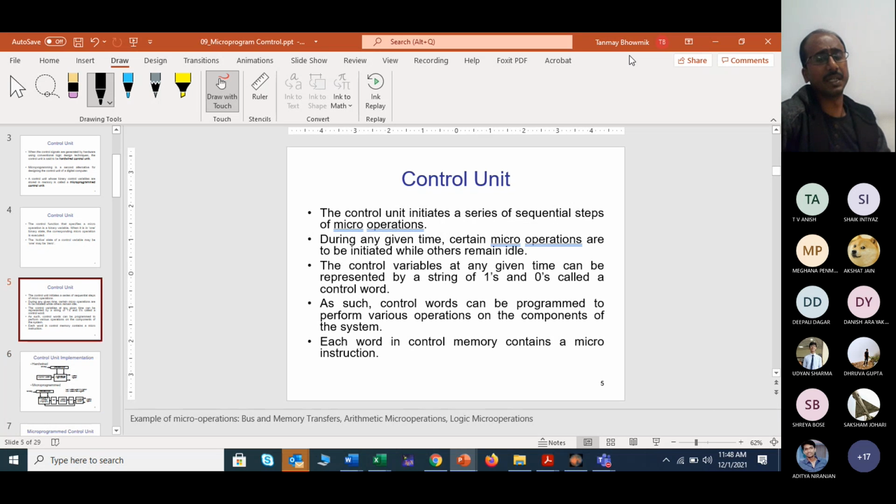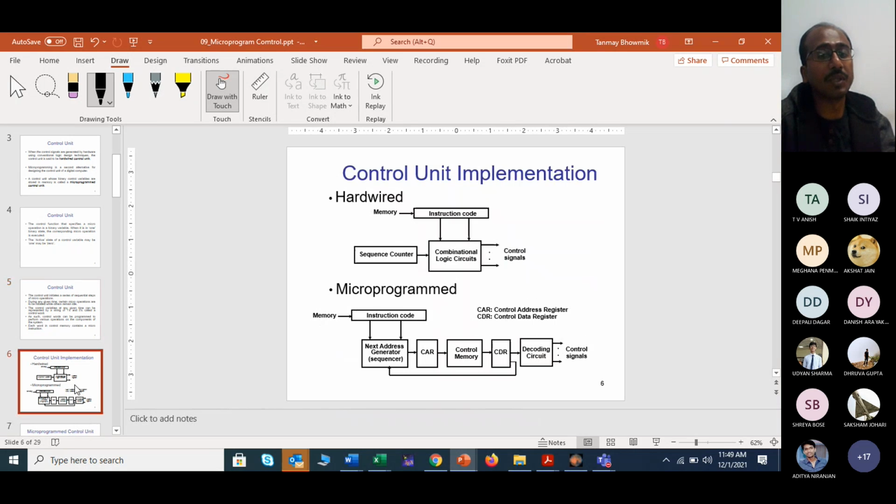Now if you go further regarding this control unit, you will also get this information: the control unit initiates a series of sequential steps of micro operations. That means you will pass different micro operations, a set of micro instructions, and all of these things will create the microprogram control unit.